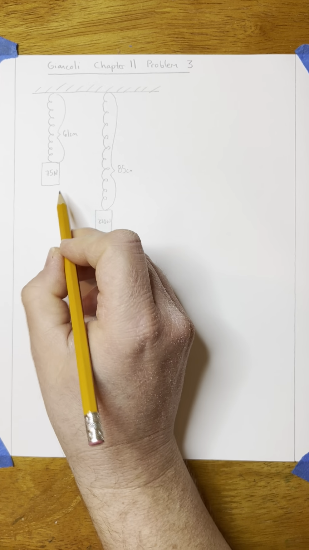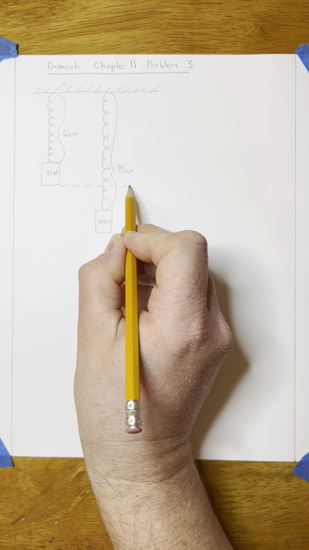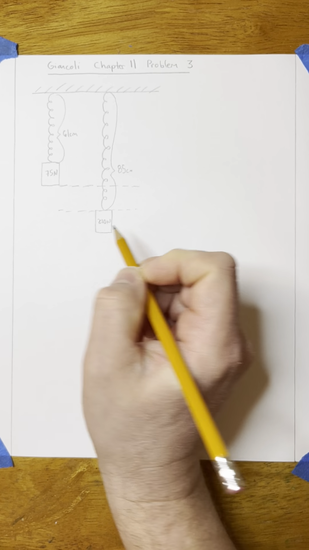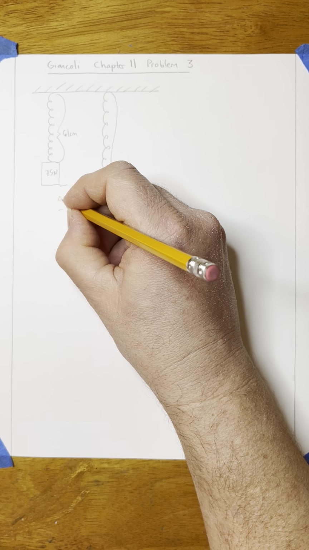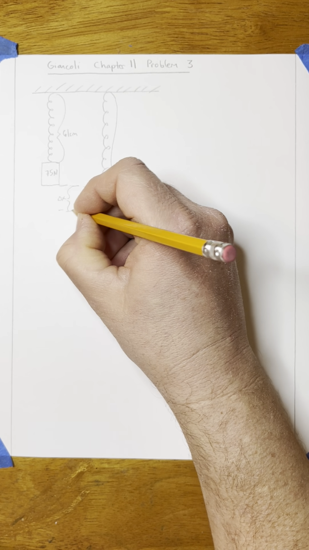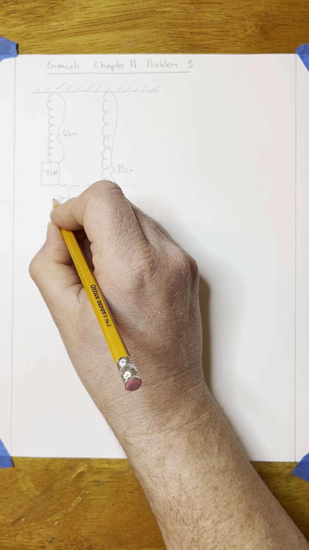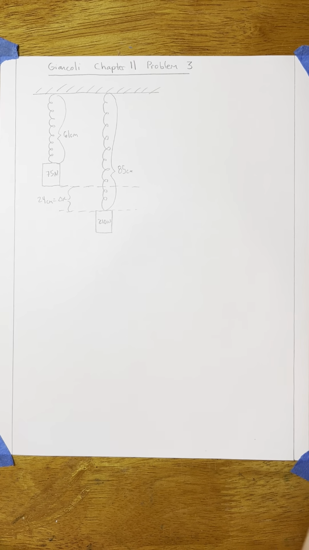So we have a change in the length of our string by adding more weight, a total change, a delta x, of 24 centimeters.